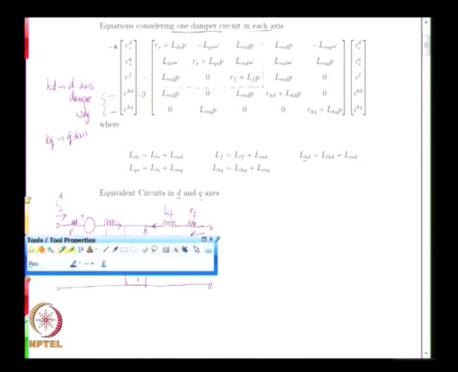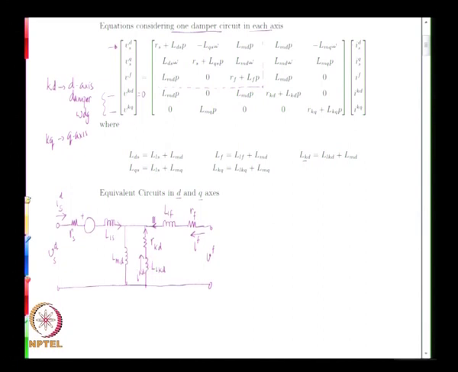So, now if you look at this equivalent circuit, you can take any equation and see that it is represented. 0 equals LMD P into IDS plus LMD P into IF plus LMD P into IKD. Now, you see that all that is accounted for by this branch, IDS into LMD P, IKD flowing into LMD P, and then IF flowing into LMD plus RKD into this.